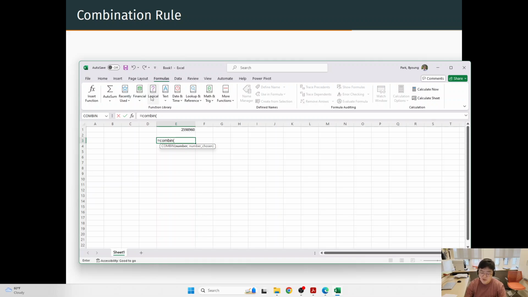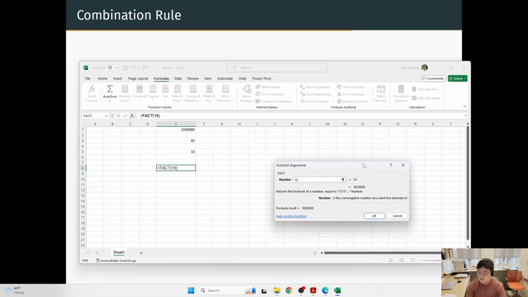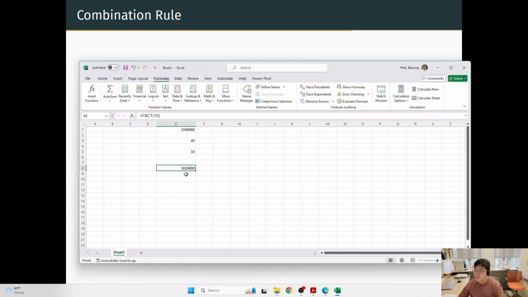And like the combination of, say, 10 choose 2. If you choose 2 toppings out of 10, there are 45 different pizza combinations for 2 topping pizzas. And similarly, 5 choose 3. Then, as you just saw, it's 10, right? And also, you may use factorial directly. There should be factorial. It is just FACT, like factorial 10. So, for example, it is a huge number, and you divide it by factorial 2 and factorial 8.